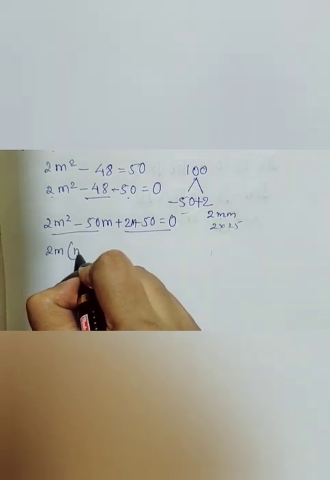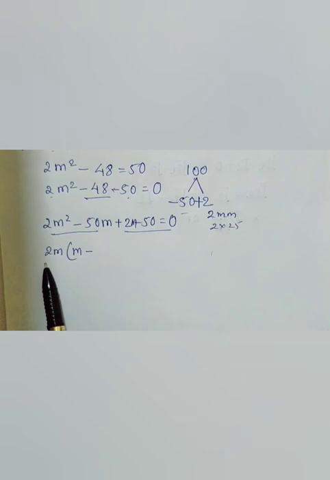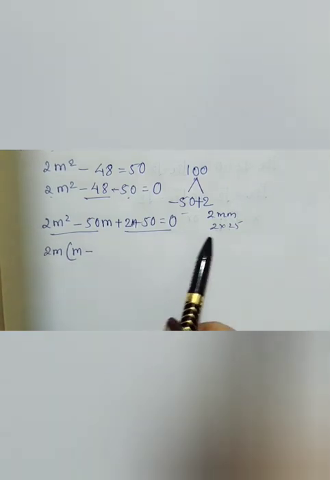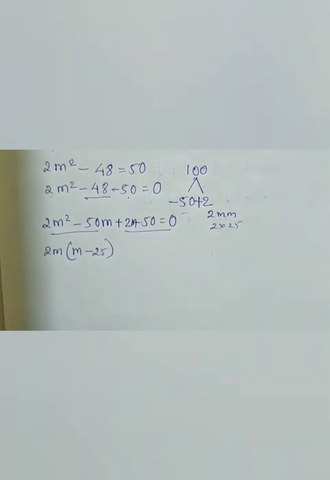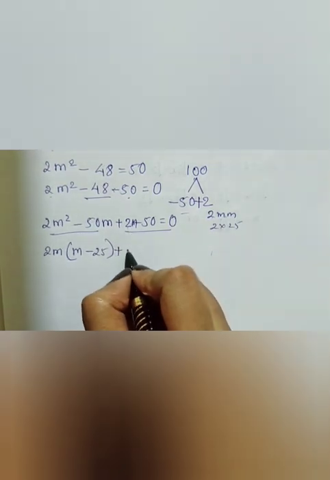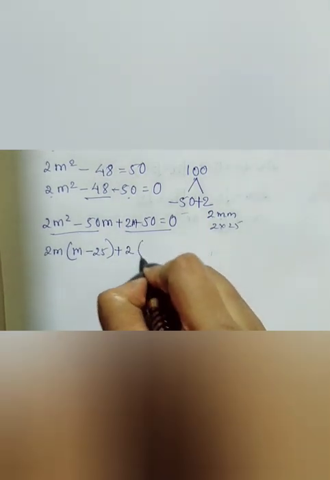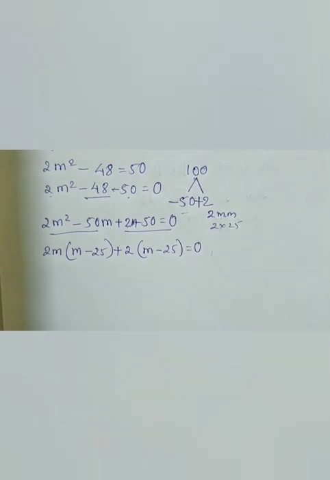Again inside another m will come, minus we are having 50 here and we are having 2 here. 2 25s are 50. I hope you are getting me. And then plus 2, again the same bracket will repeat. m minus 25 equal to 0.